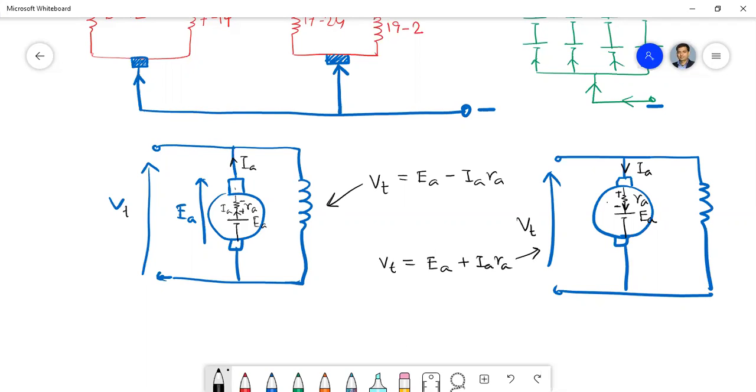Sir, I have a question. In the above diagram, you have drawn negative at the terminals from where current is entering the coils. Then that must be for the generator mode, in the green one, not the motor mode.